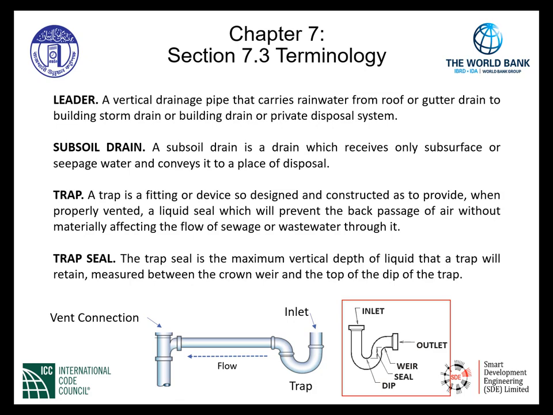The seal is measured from the top of the dip to the very topmost part of the weir. This is at which the fluid spills over into the outlet. That vertical distance measured from the top of the dip to the weir is known as seal. This is where we have the liquid seal to prevent any type of gases to migrate back into the building.